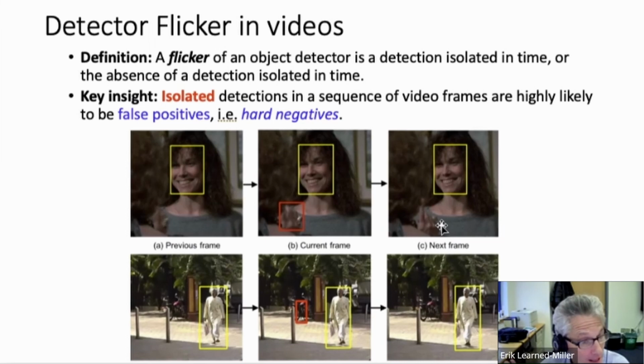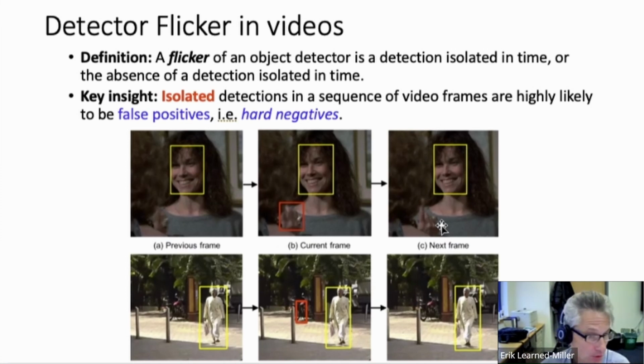These are called flickers, and not surprisingly, they're really easy to detect. You can write a program that says, if I didn't see something in this location in the previous frame, and I didn't see it in the future frame, but I did see it in this frame, that's not consistent behavior. So it's probably an error.